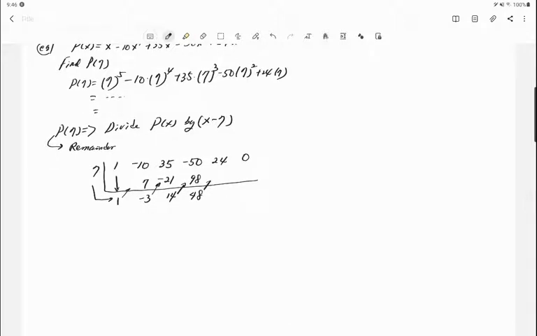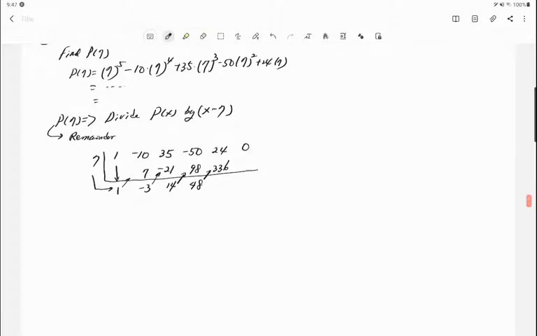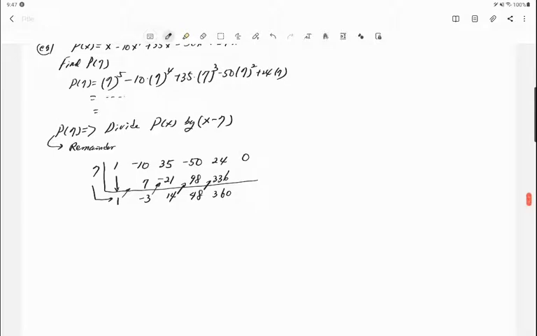Then 336. And then add these two, then 360 and multiply by 7 is 2,520. So finally, the remainder is 2,520, right? So that's the answer.